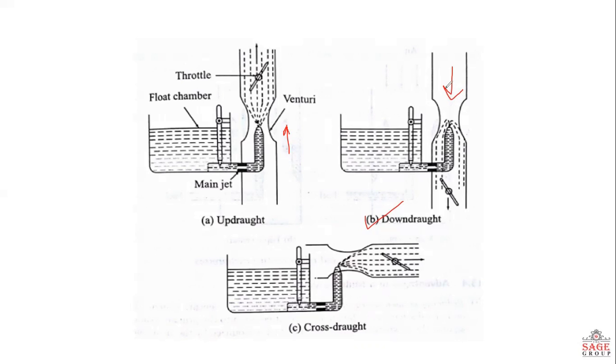Hence, the mixing tube and the throat can be made large, which makes high engine speed and high specific output possible. Then we have one more type known as a cross draft.